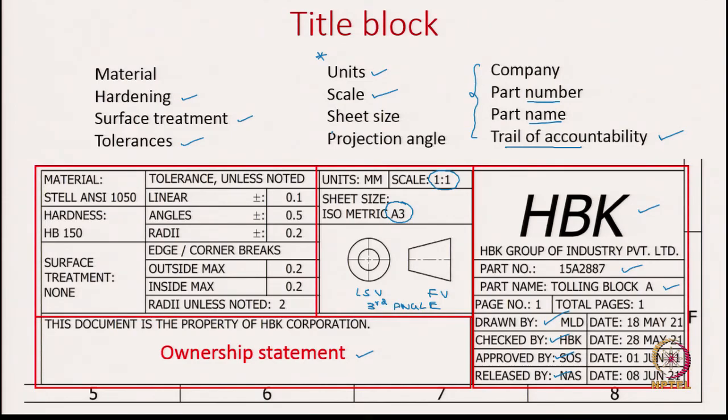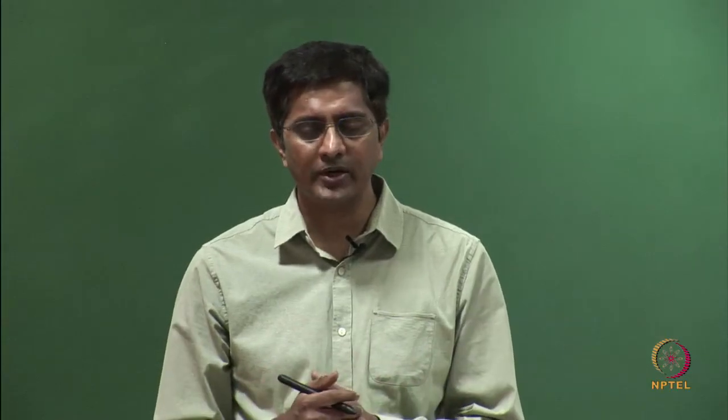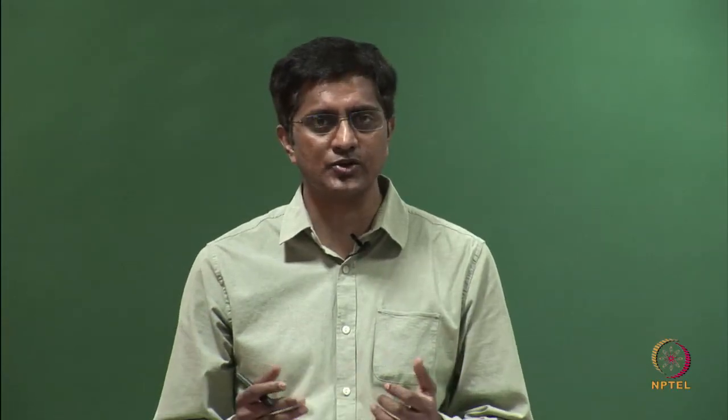What I am trying to say is that depending on the kind of company one is working in, like automotive, aerospace, electronic or other companies, the information available might be a little more or less than this, and the style in which you present this information will also change. The layout of the engineering drawing is not always the same; it changes from place of work depending on the nature of the job. Okay.